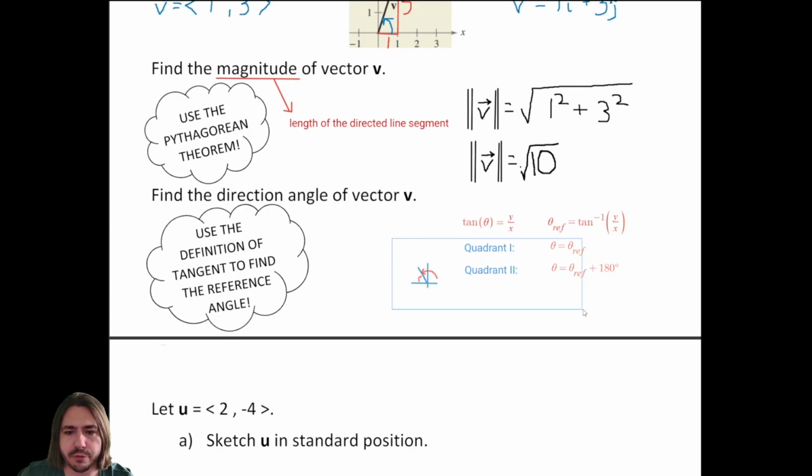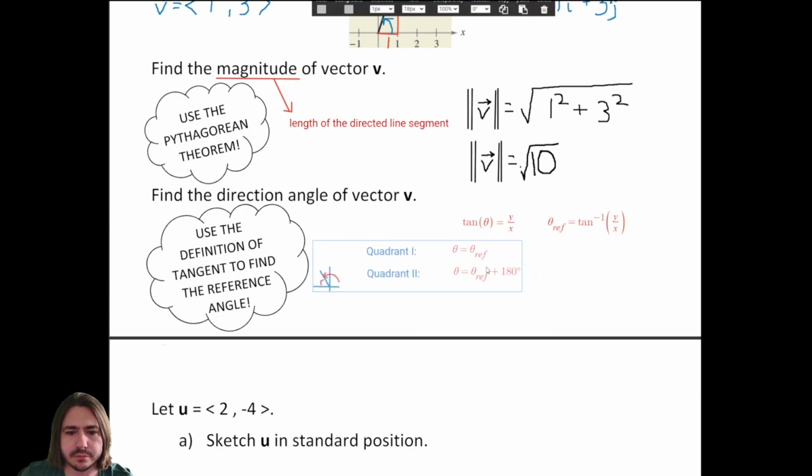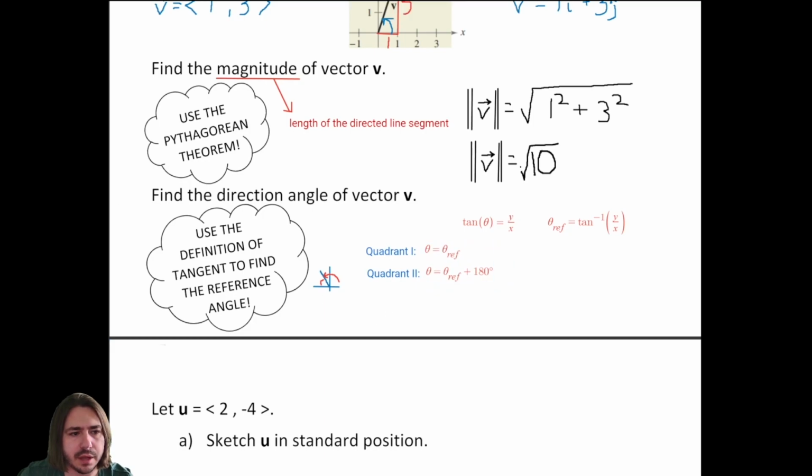Now, if you're in quadrant 3, you'll do basically the same thing as if you're in quadrant 2. Just go ahead and copy this. And the reason for that is the reference angle ends up being positive there when you're in quadrant 3.